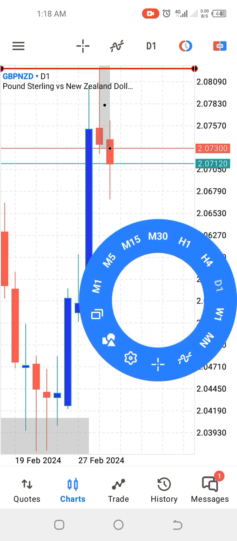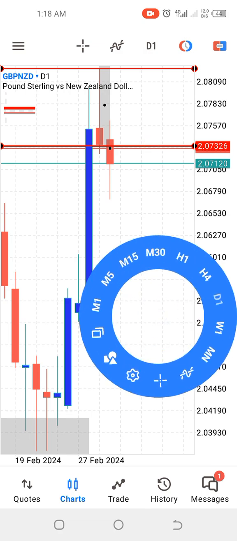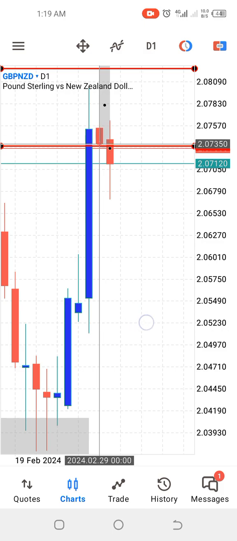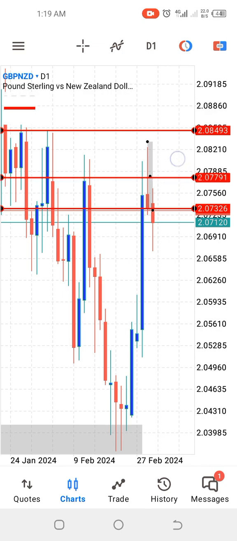We can see how the price was pushed very strongly from that high up to this area, until price closed down here. So with just this bearish interpretation of this pin bar, it shows bearish pressure. It shows there's a lot of sellers on this particular resistance zone right here.